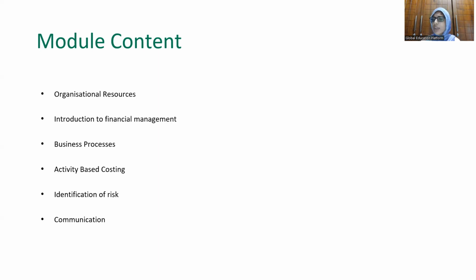As it is very important that the different methods identified to effectively and efficiently manage the resources, communication will be one of the most important sections, because without communicating it to the relevant stakeholders, all these plans will not come to effect properly. So here we will also talk about communication strategies.